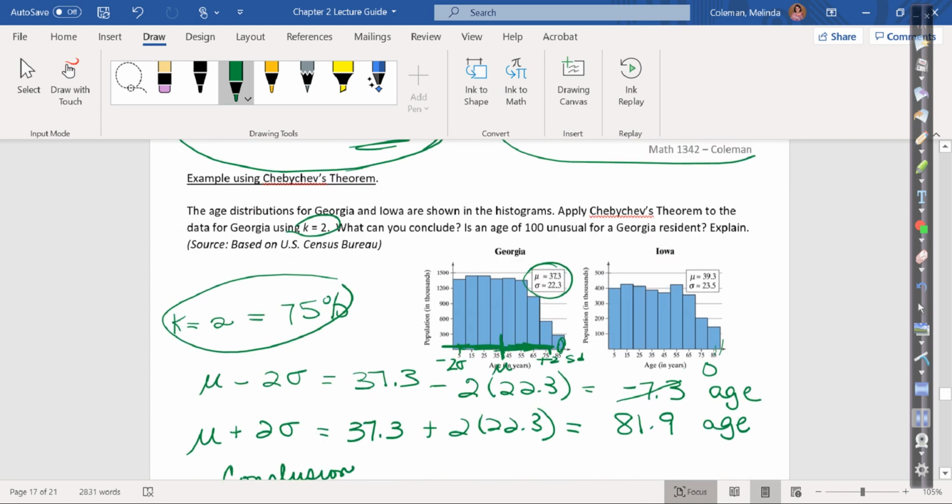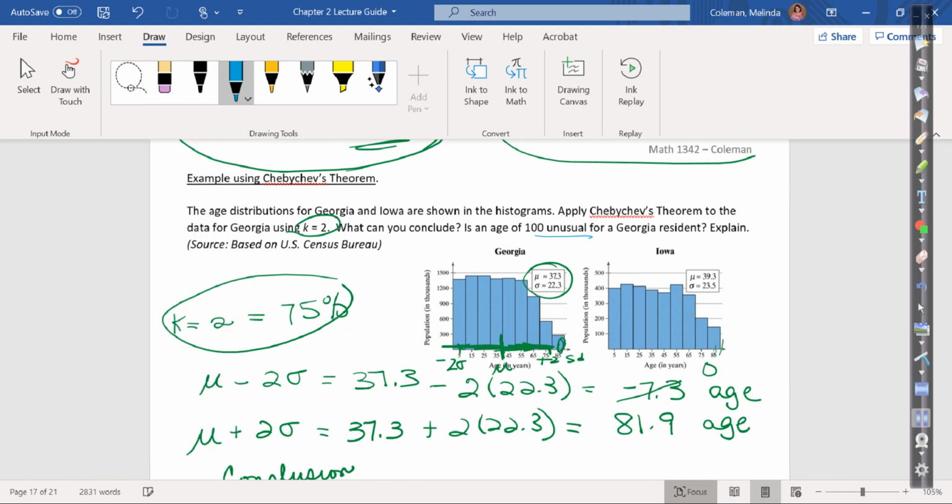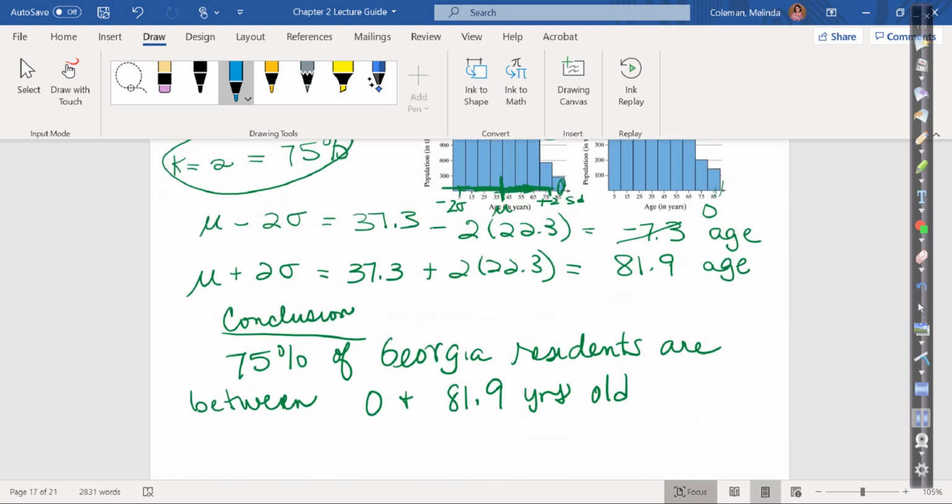The next question it asks you says, is the age 100 unusual for a Georgia resident? And explain your answer. Well, the age 100 is well above 2 standard deviations.